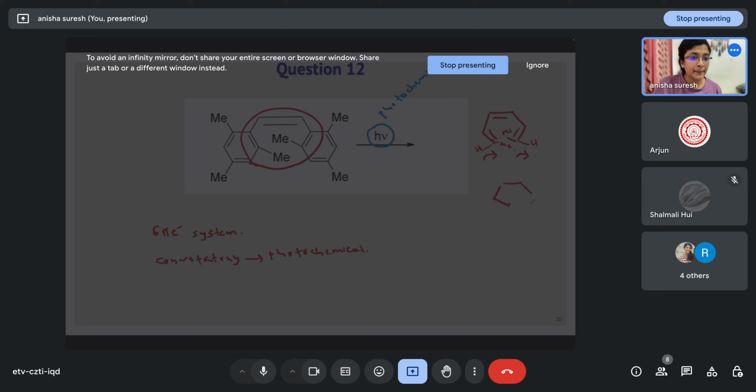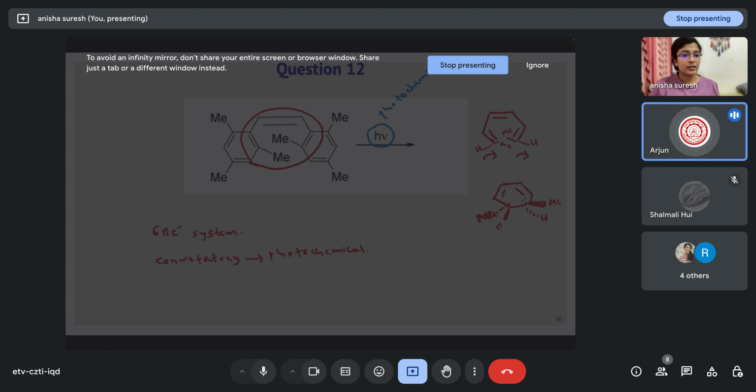So the product will be like: hydrogen is going above the plane, and here the methyl group will be below the plane, and in this case the methyl will be going above the plane and hydrogen will be below the plane. It will be like the final product, right?